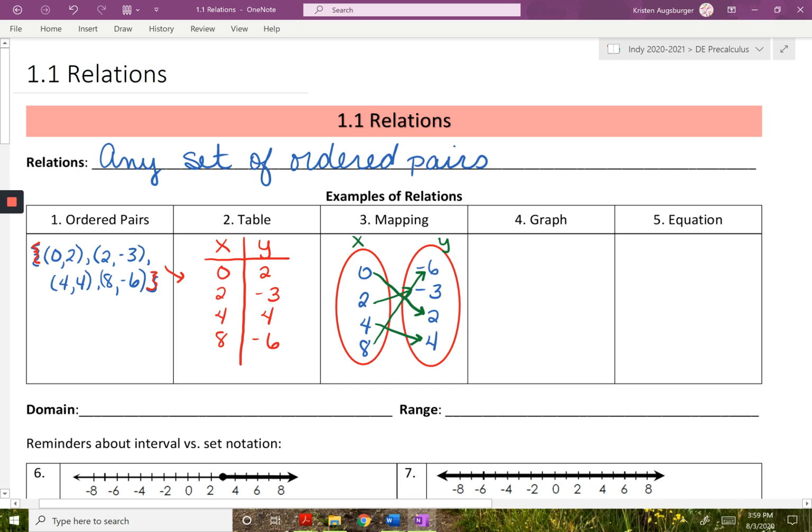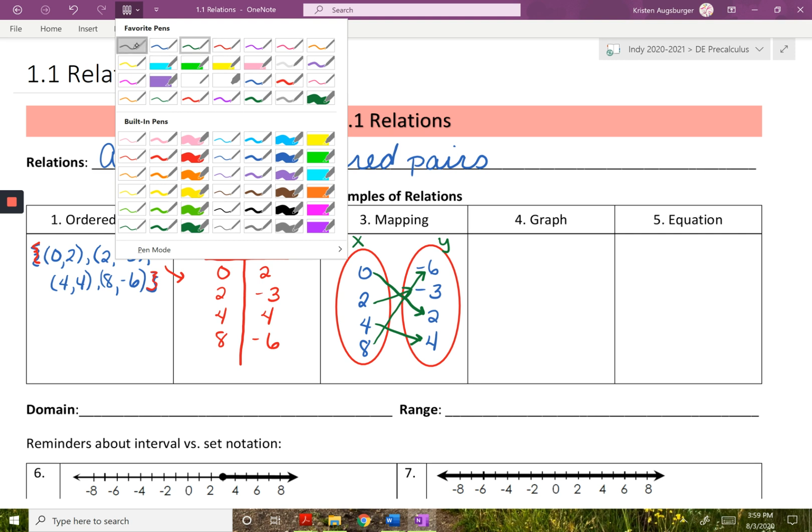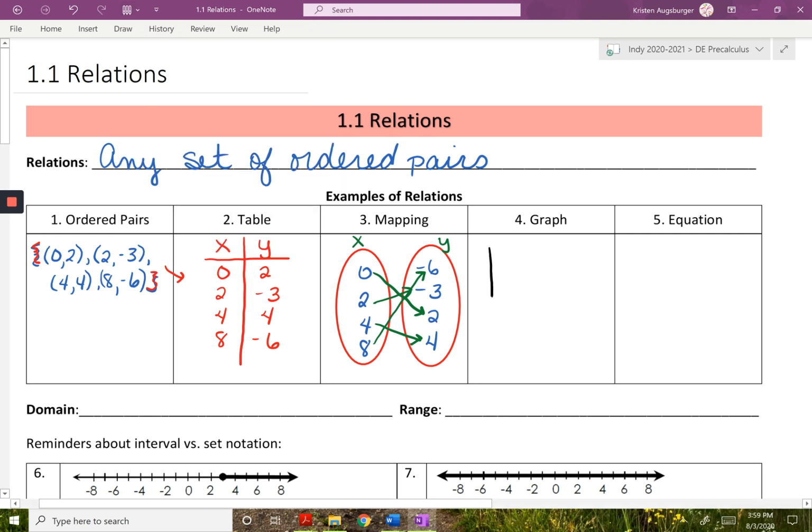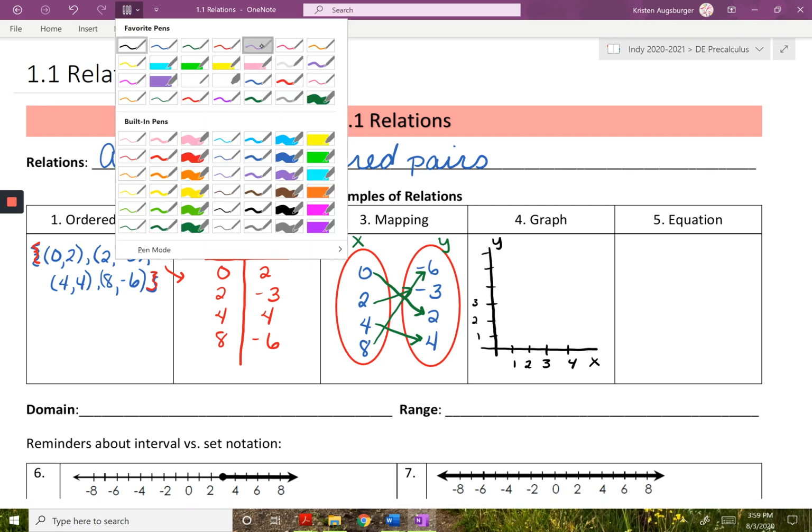I can do the same thing if I would like with a graph. I am going to make up my own graph here where I have an X axis and a Y axis. Please make sure you always have something that indicates your scale if you are drawing an axis. You don't need every single number written down, but you want at least enough to establish a scale.